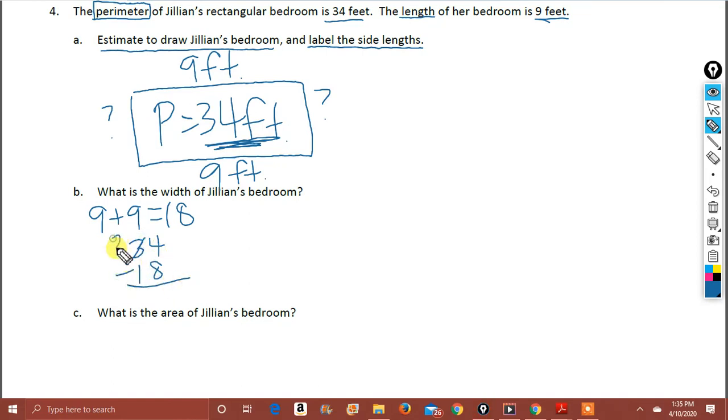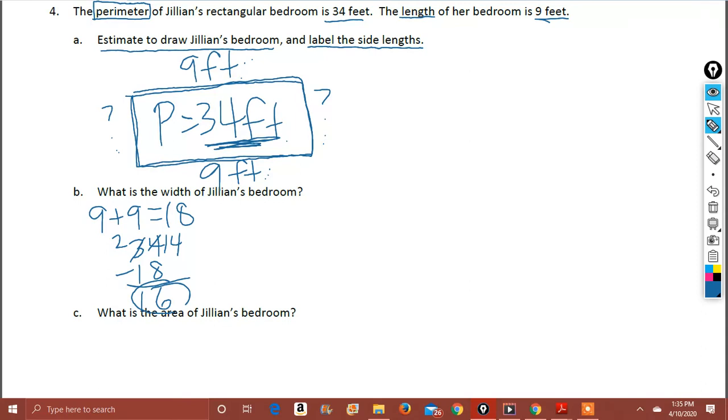I'm going to have to regroup. 14 minus 8 is 6. 2 minus 1 is 1. So the distance around this total rectangular bedroom is 34 feet. We already have 18 feet covered between the 2 lengths. That means there are 16 feet left over for the widths.